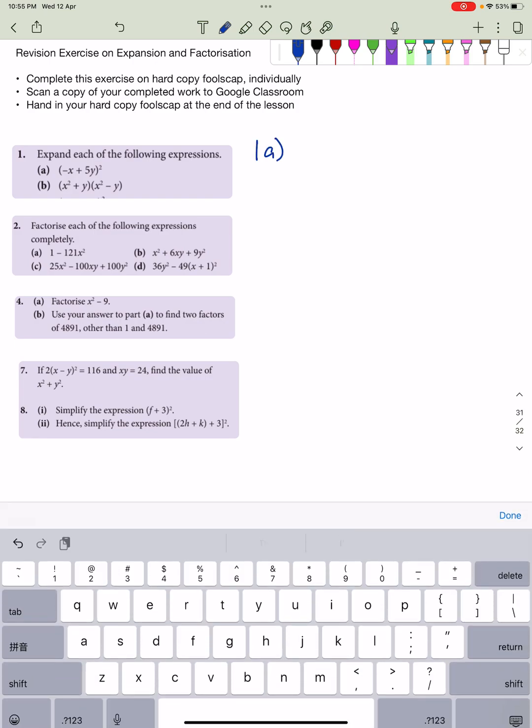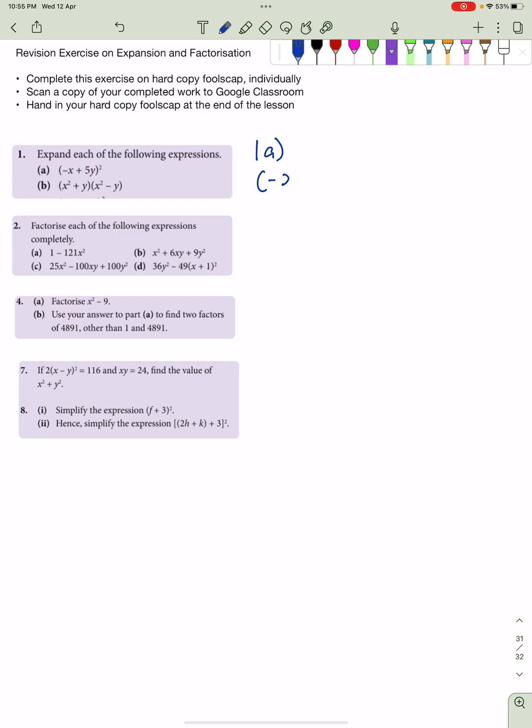So for 1A, what we have here is (negative x plus 5y) squared. Now, some of you are very affected by the minus x. What should I do if it's a minus x first? So what you can do is actually to swap position, to change it into 5y minus x. So you notice that I didn't do anything.